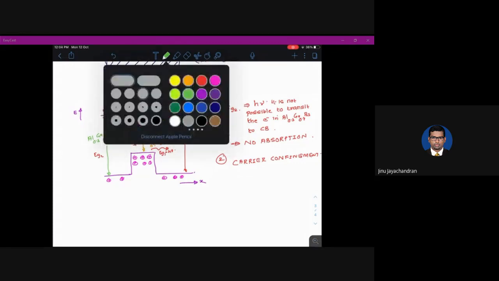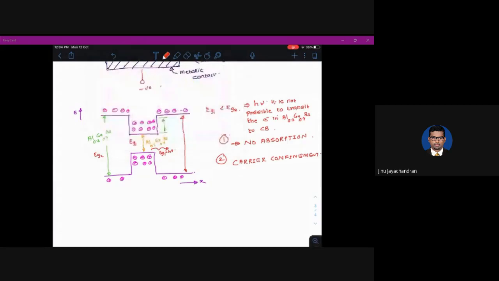And the third one is called optical confinement. We have already seen all these terms, but still, optical confinement.